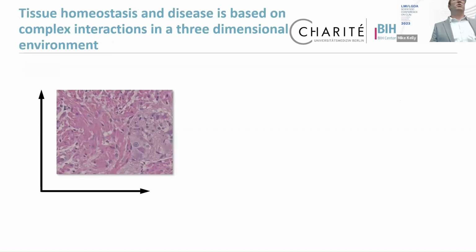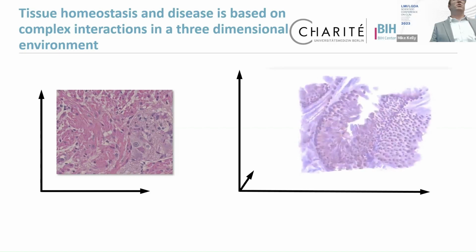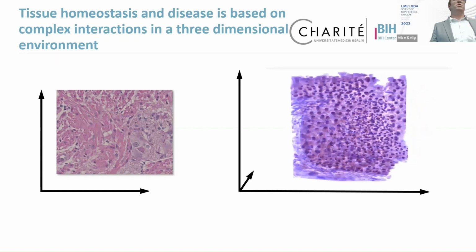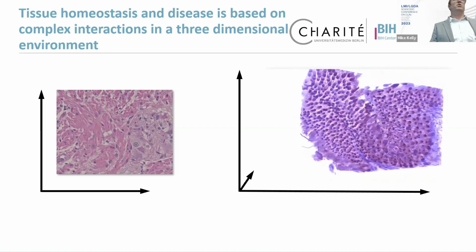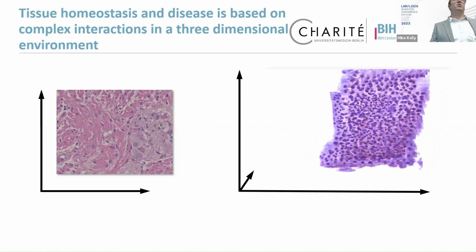And we all know that tissue homeostasis in disease is based on a complex interaction in three-dimensional space. If we have, for example, like here on the left-hand side, this H&E image, we need something more. We need a third dimension to understand this in more detail. And that's, for example, here on the right-hand side, a fluorescent H&E staining of an intestinal or gut biopsy.